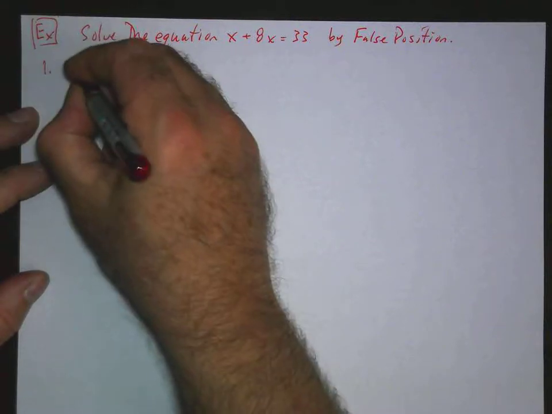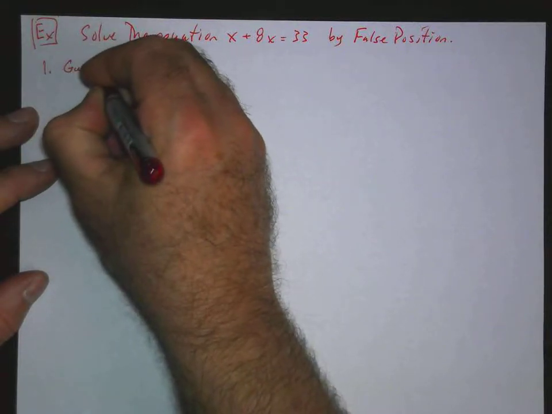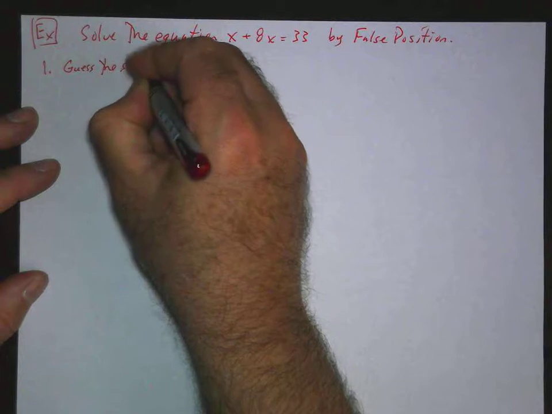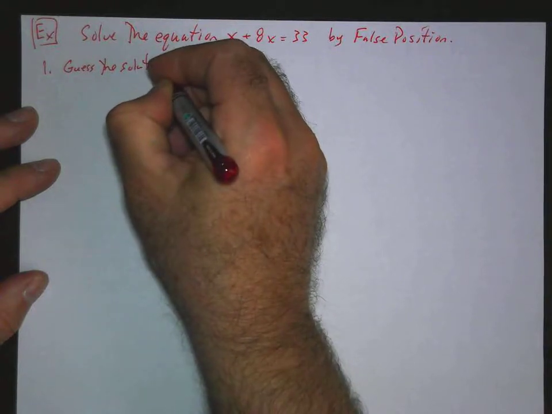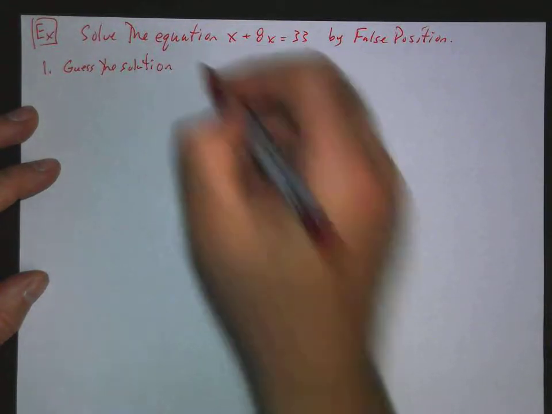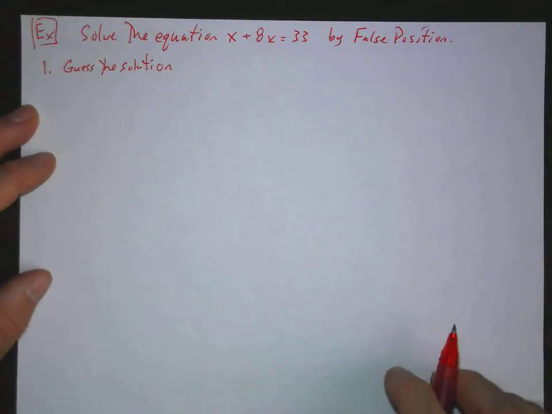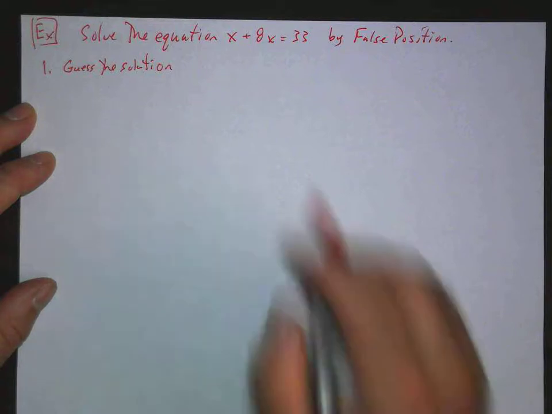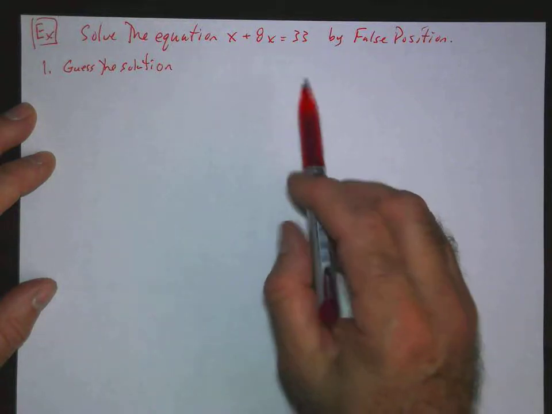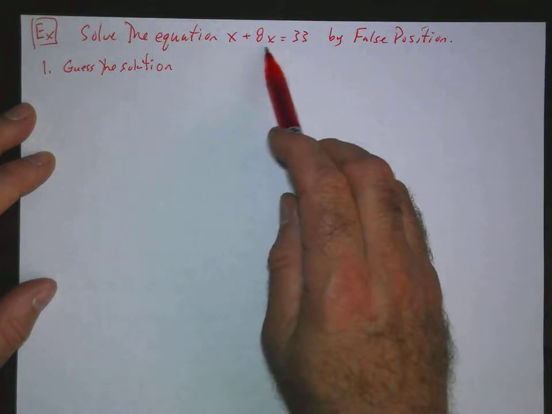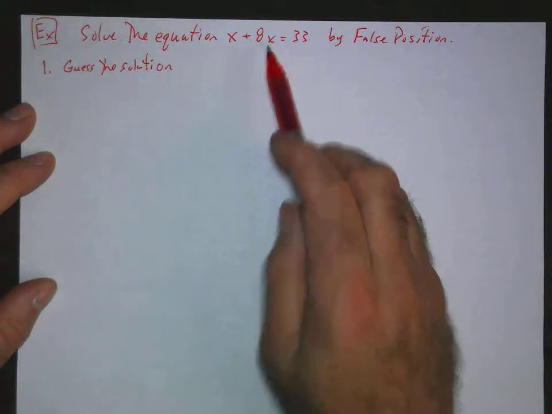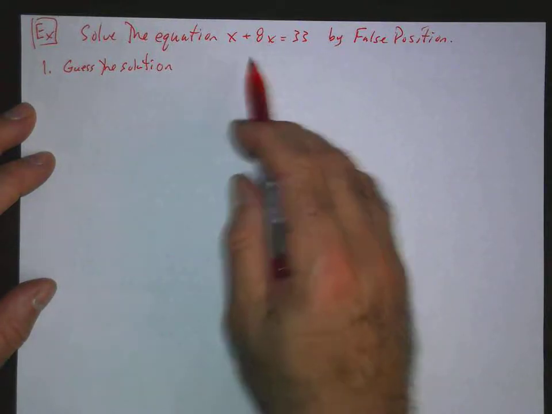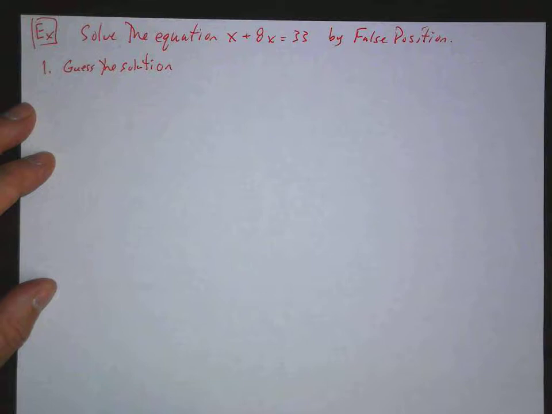So first thing, guess the solution. And the insightful thing to do is guess a value of x that eliminates the fractions. Well, there are no fractions here, so we could pretty much guess x to be anything.